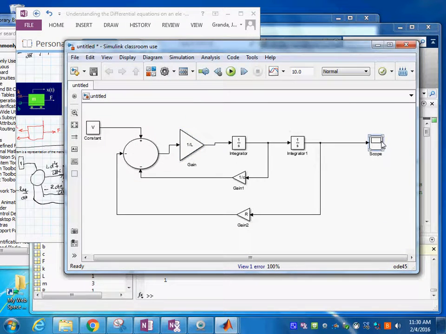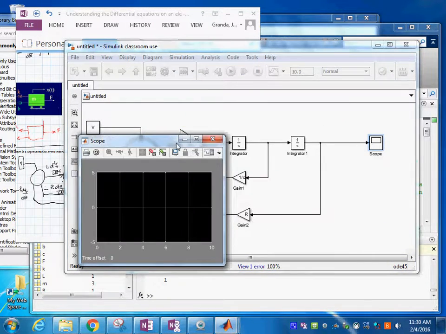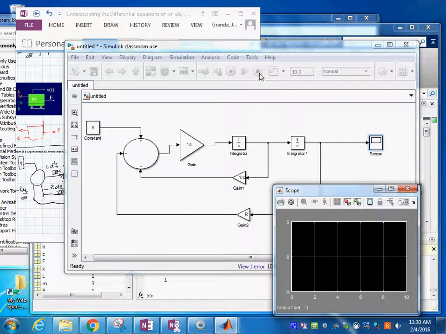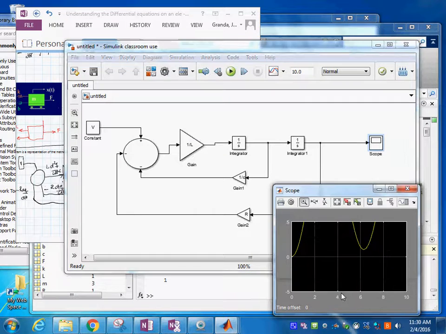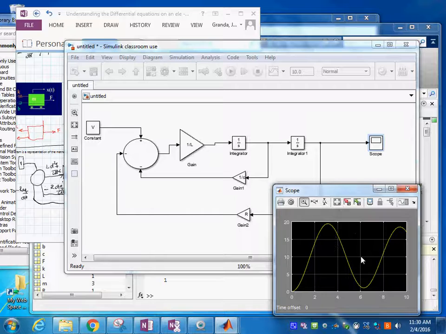This is the scope here, and if I click on run, hopefully it didn't give us any crazy answer, but did what we needed to do for the values. Okay, so that's how you do it, from scratch all the way to the simulation in Simulink.